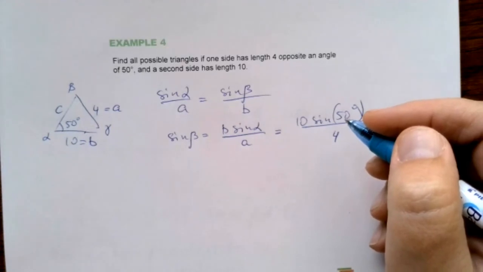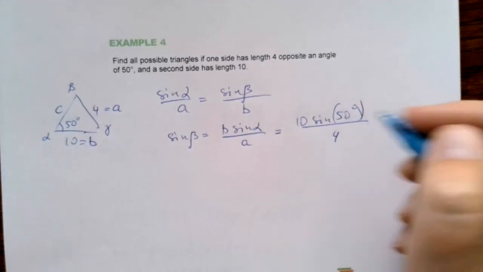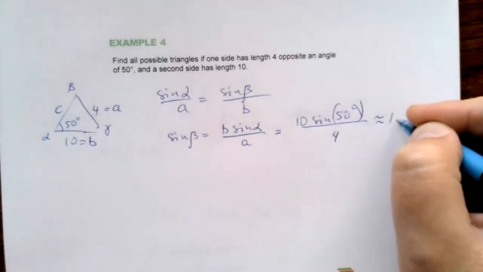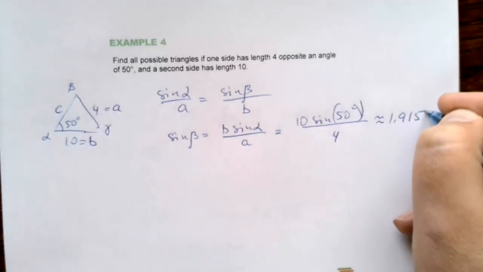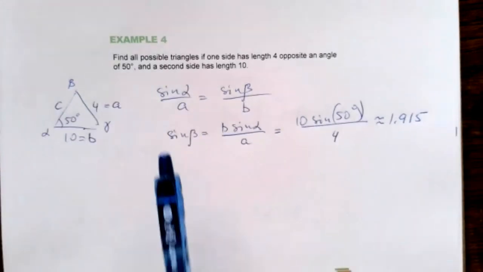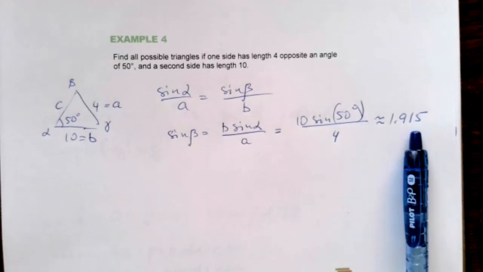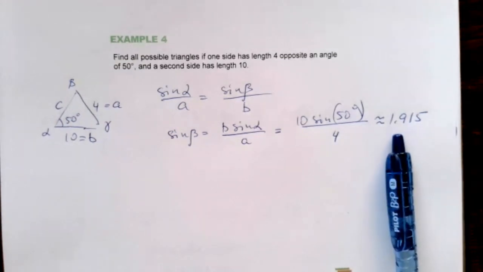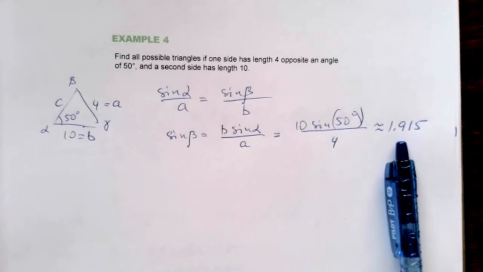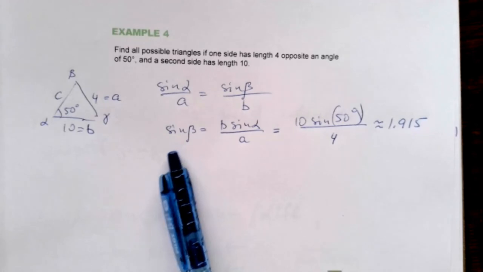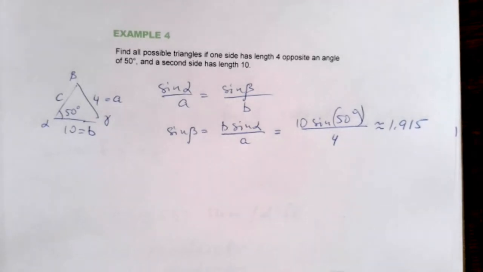All right, and when we put this whole thing into a calculator, we get approximately 1.915. So we have sine beta equals 1.9, almost 2. And we know that this value is outside of the range of sine. So the range of the sine is between -1 and 1. It cannot be 1.9. So it's an impossible value.